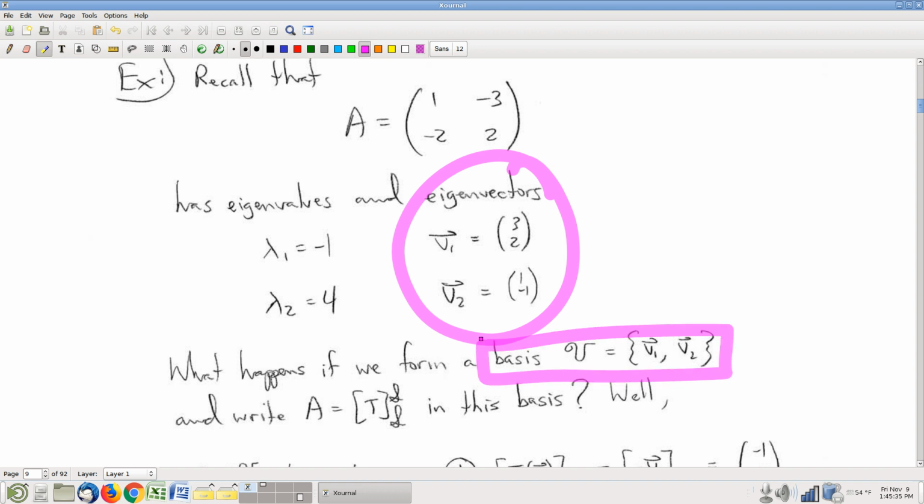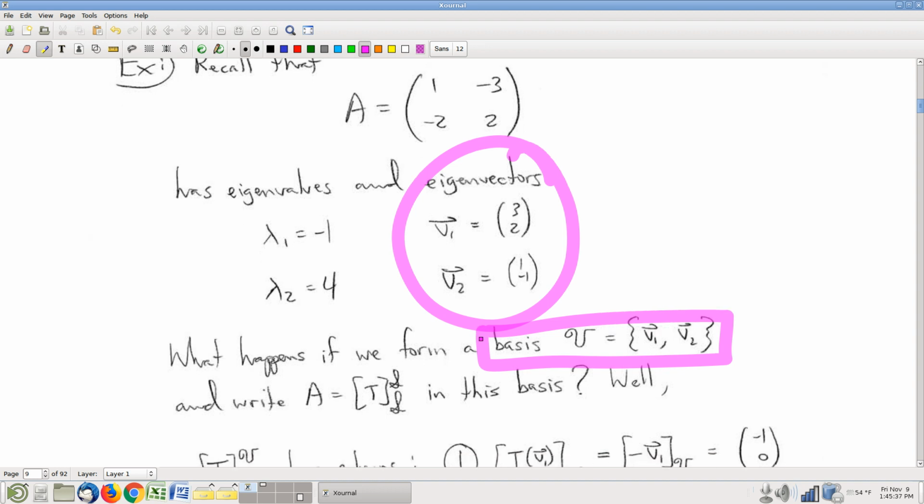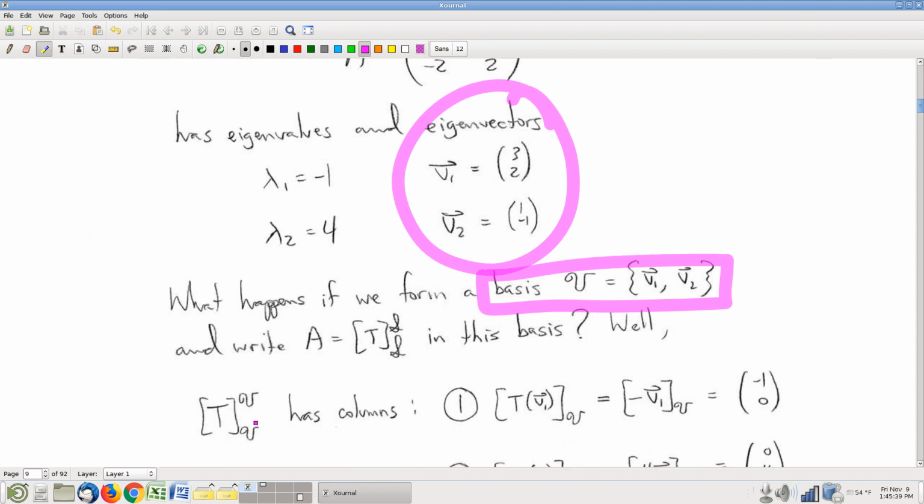Okay, weird. And then ask what would happen if I try to understand the given matrix A, not with respect to the original standard basis, but with respect to a basis consisting of its eigenvectors? No reason to believe something particularly nice is going to happen here, but let's just see what happens.